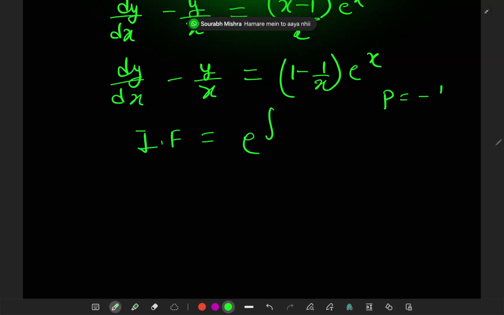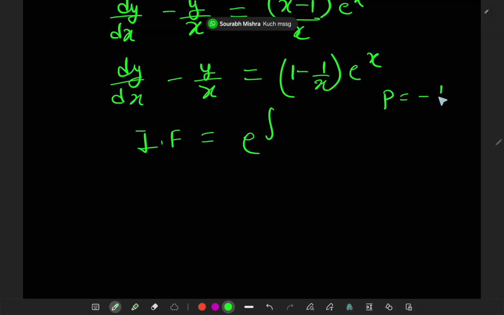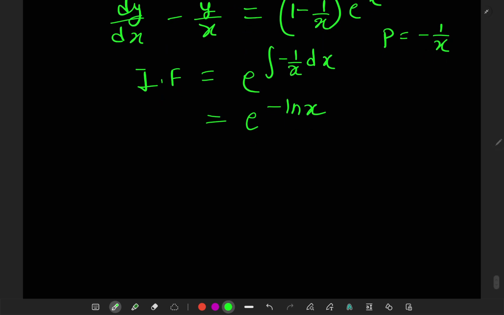Here p is equal to minus 1 by x, so we can write the integral of minus 1 by x dx. Now integrating minus 1 by x, we get minus ln x.